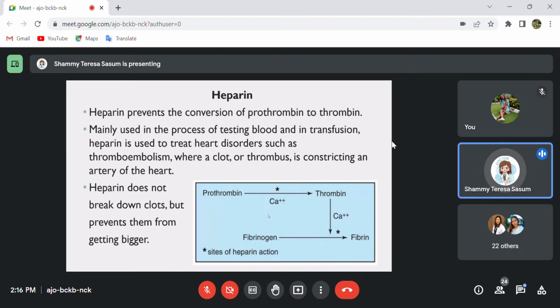It is mainly used in the process of testing blood and transfusion. Heparin is used to treat conditions such as thromboembolism, where a clot or thrombus obstructs an artery or the heart. Heparin does not break down clots, but it prevents them from getting bigger.